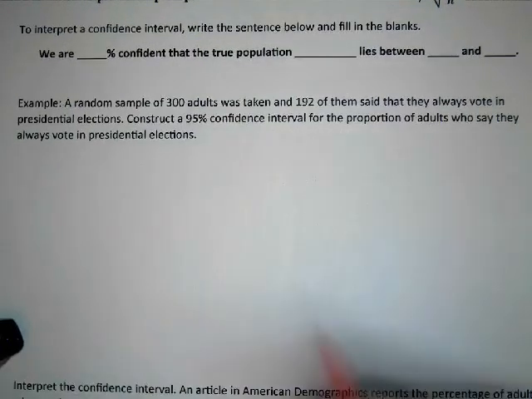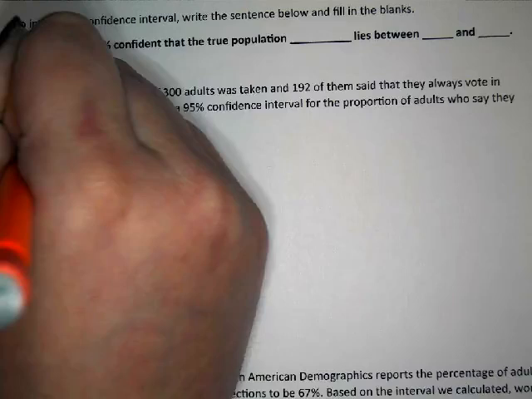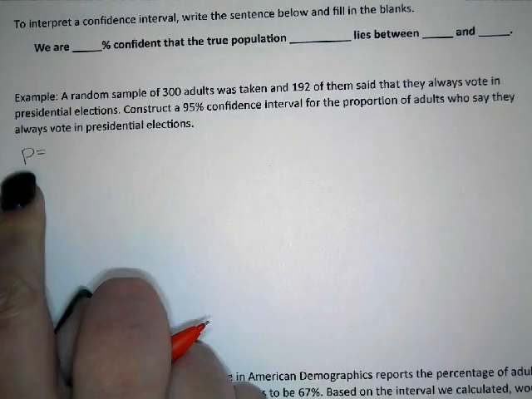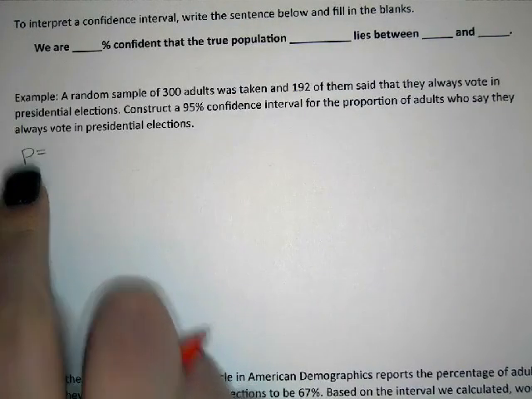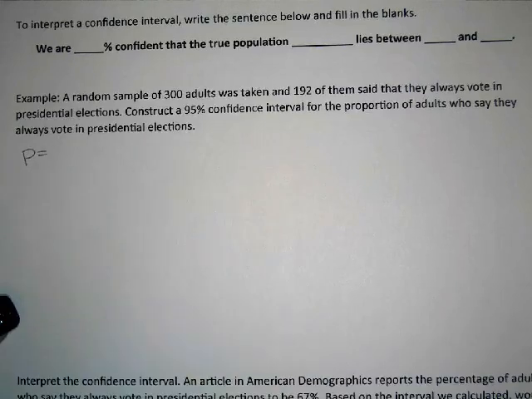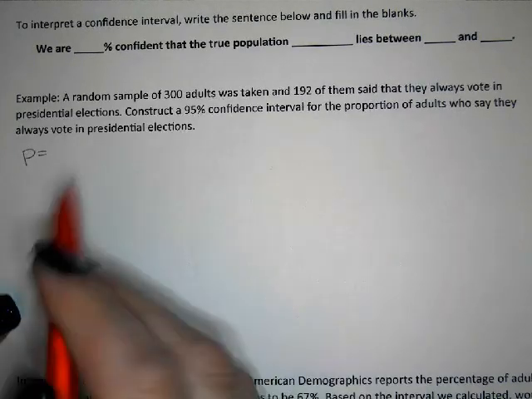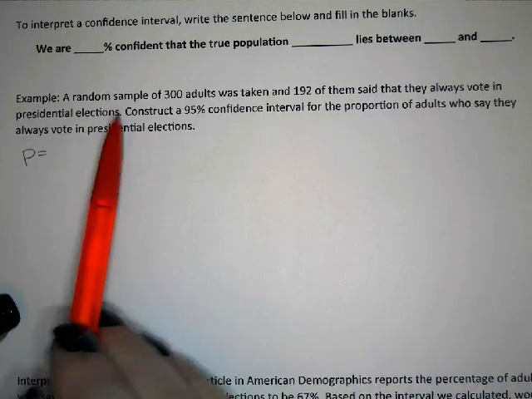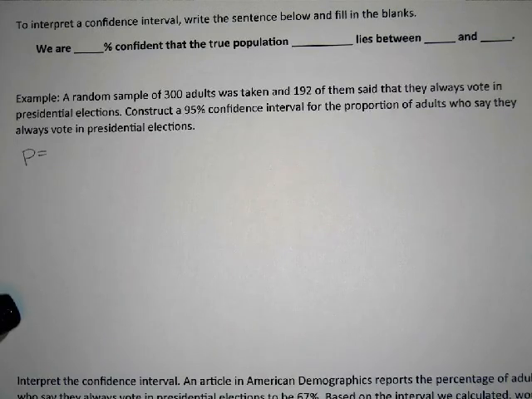So the first thing I'm going to do is describe the P, the population proportion that we're actually trying to find, that we're trying to take this P hat and extrapolate it to describe something else. So it says a random sample of 300 adults was taken, and 192 of them said that they always vote in presidential elections.